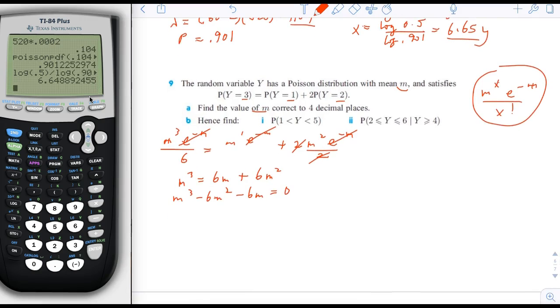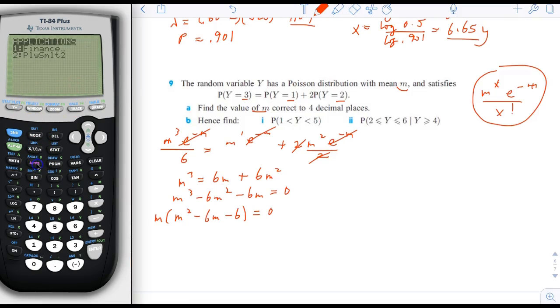And now we're finding different possible values of m. First, factor out m, so we have m squared minus 6m minus 6 remaining. And we'll use the polynomial root finder to solve that because I don't think it's easily factorable from what I see.